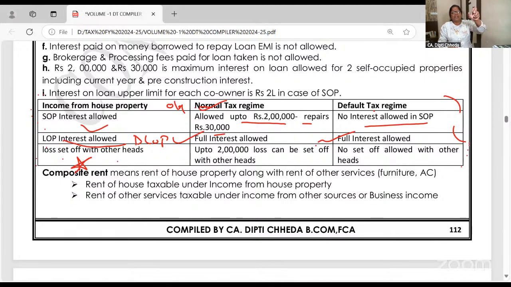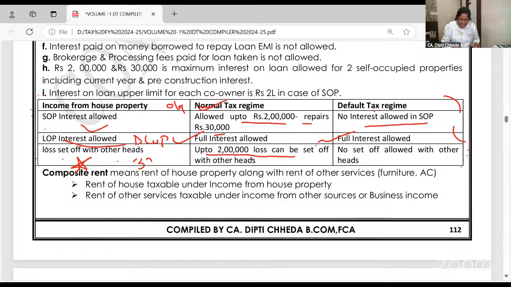See, if there is a self-occupied property and you're showing a loss, up to 2 lakh loss can be set off with other heads: salary, business head, other heads. When there is a net loss in house property, whether let out, deemed let out or self-occupied, the loss can be set off with other heads up to 2 lakh.